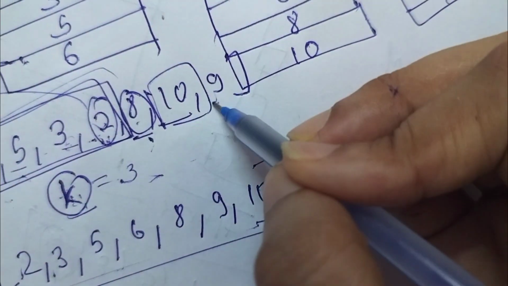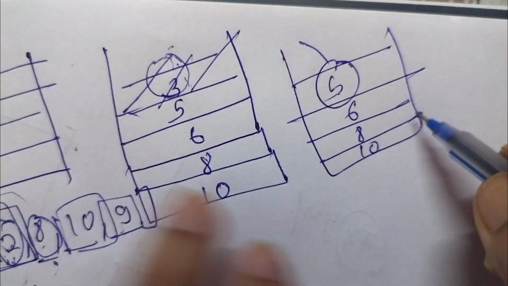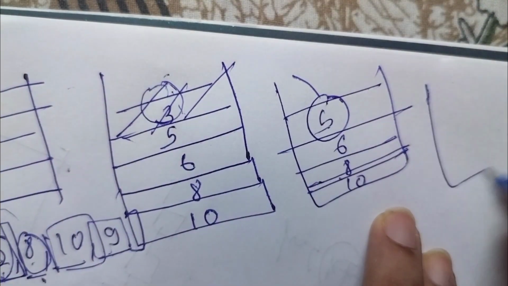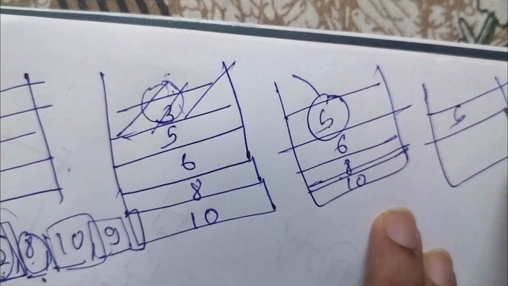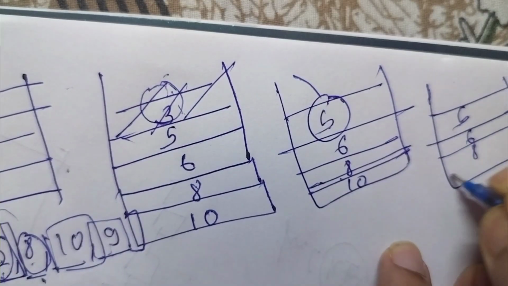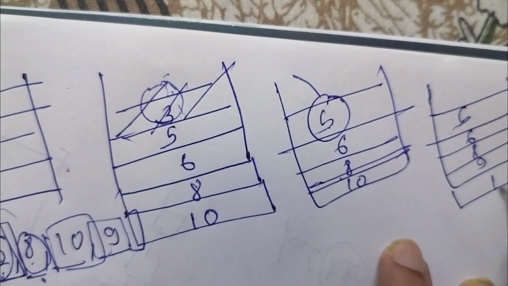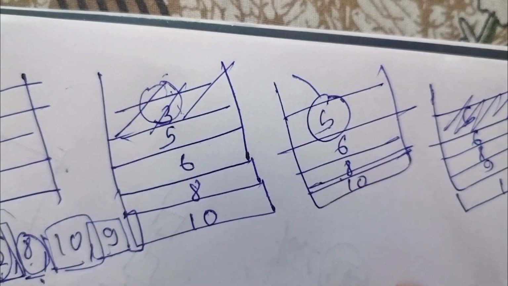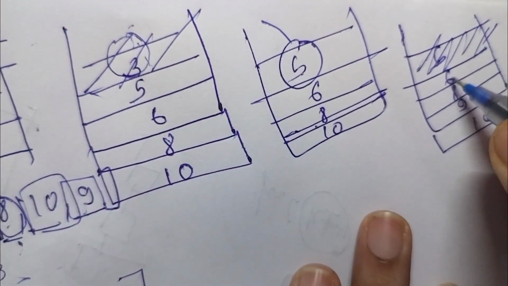After that we push 9, which goes somewhere in between 8 and 10, so we have 5, 6, 8, 9 and 10. Now the topmost element is 6, since 5 is already pushed. We keep 6 in the result.